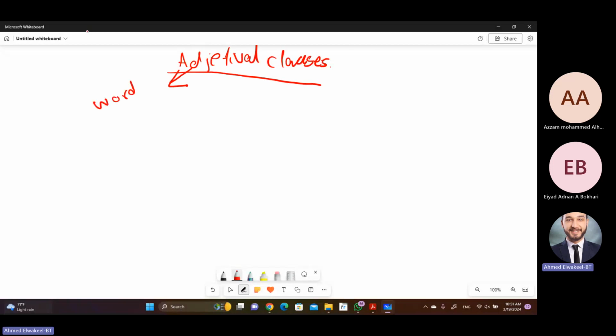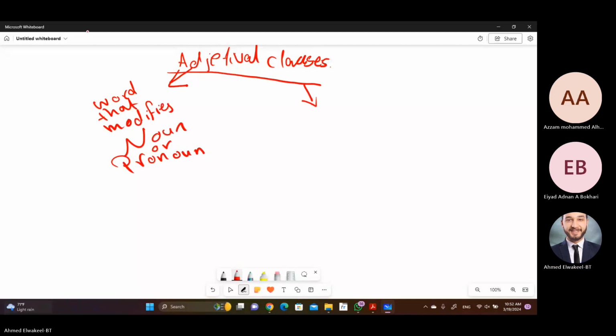It's a word that modifies either a noun or a pronoun. And on the other hand, the clause is what? The clause is a group of words. A group of words. Pretty easy so far.